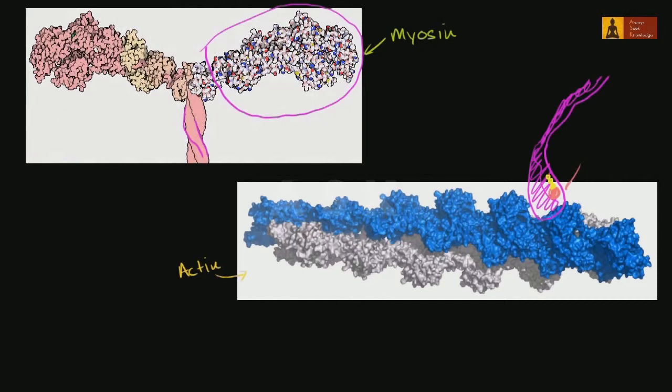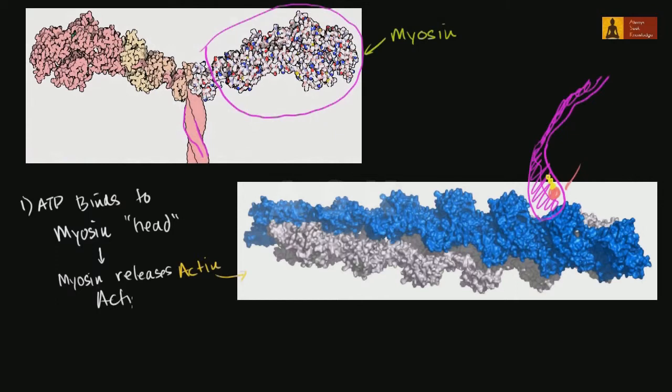So let me write this down. Step 1: ATP binds to myosin head, and as soon as that happens, that causes the myosin to release actin.